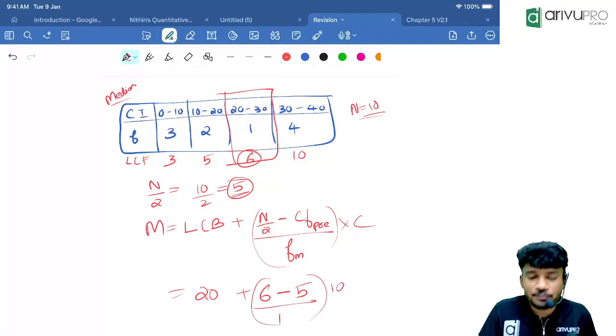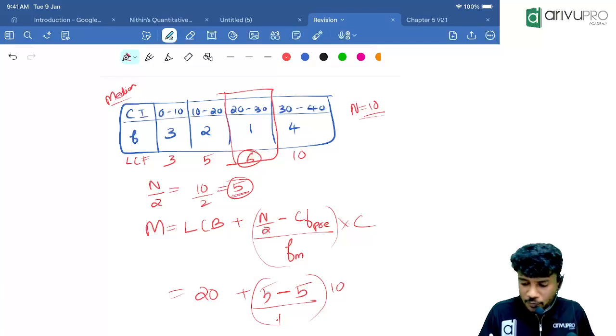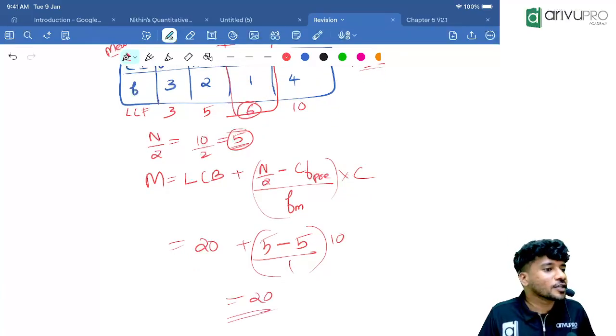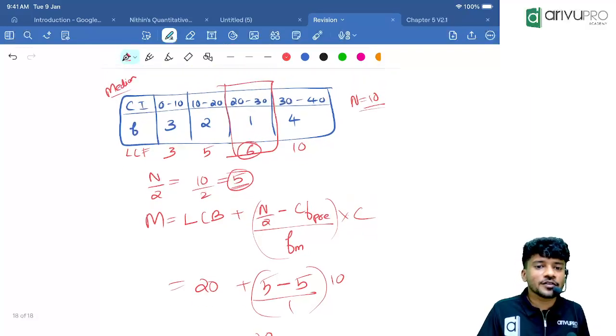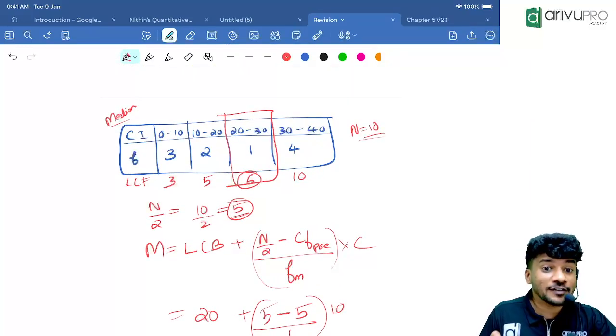Into 10. How much is it? N by 2 is how much? 5. Okay. How much is the answer then you are getting, people? 20. So what is our median? 20 is our median.